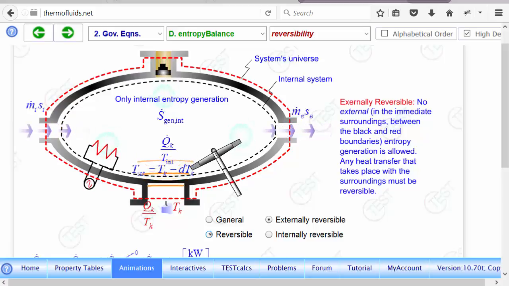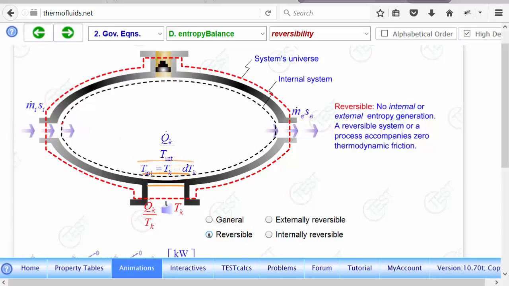And when you say reversible, that means there is no entropy generation anywhere. So that's an ideal situation. A reversible system means there is no entropy generated inside the system or in the immediate vicinity of the system. We can reverse whatever is going on without leaving any footprint.